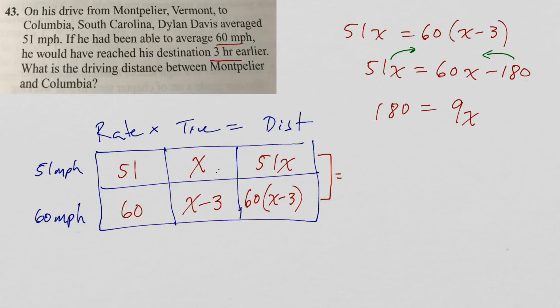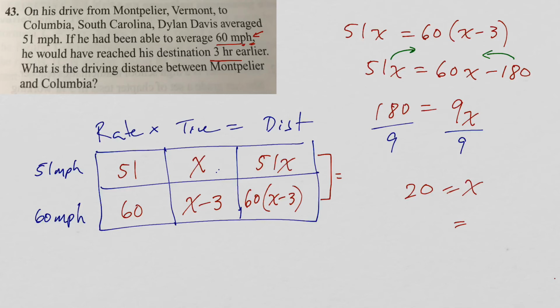I'll divide each side by 9, and I'll get x is equal to 20. Well, you have to think about what x is. X is the time, and because this is miles per hour, this represents 20 hours. It's not miles per minute or something like that. It's miles per hour. So that time represents an hour.